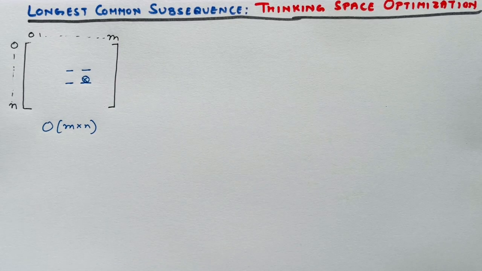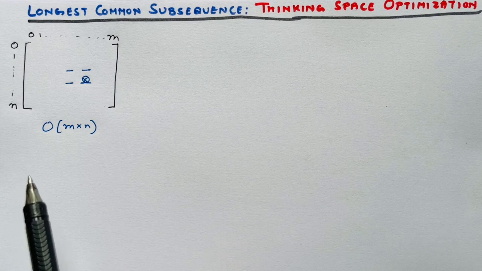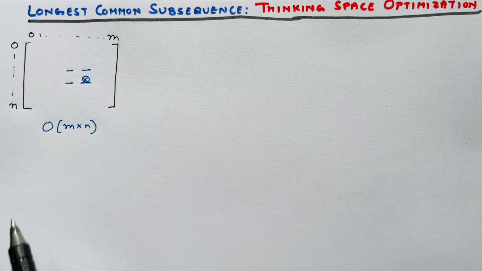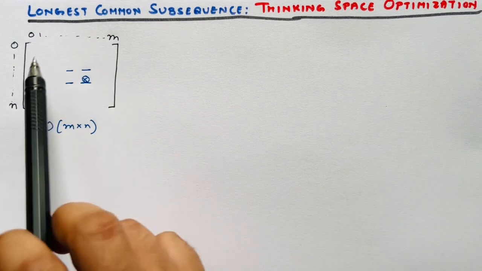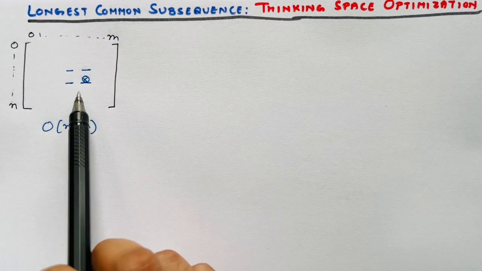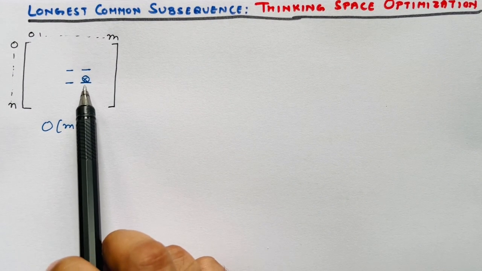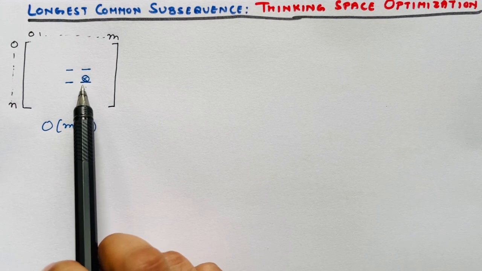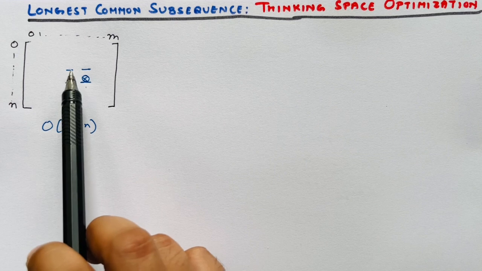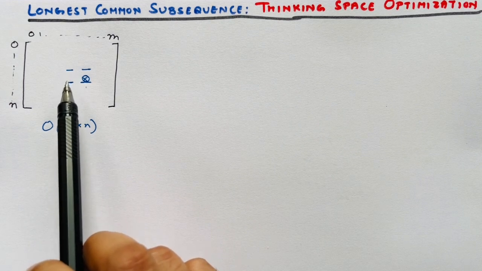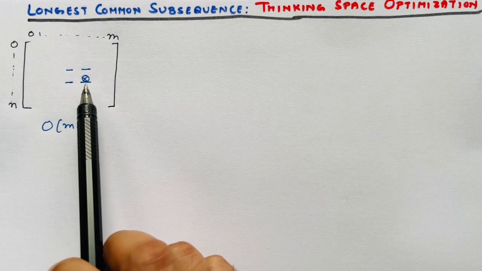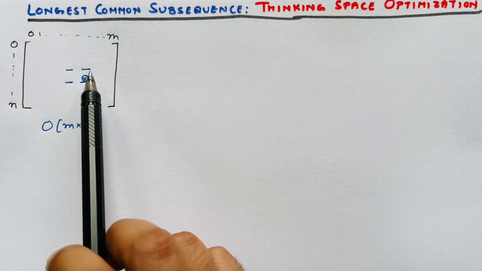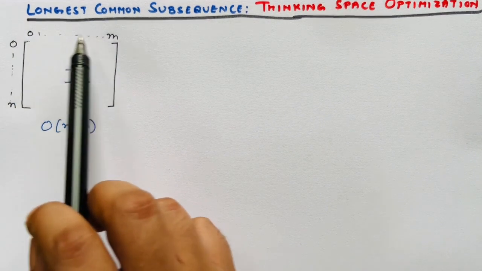So our aim is to think about whether at any point we need the whole matrix in memory. We are filling this matrix row wise. Consider that at any point in time we are trying to fill this element. The value at this element will be dependent on the values at these three elements, right? So when I'm filling the value at this element, do we need any row that is above this row?